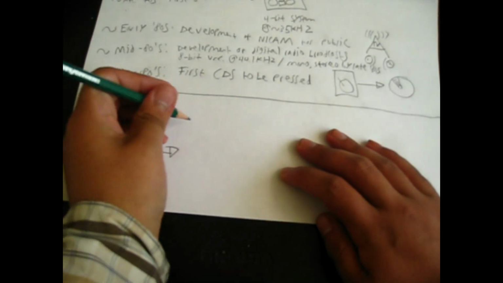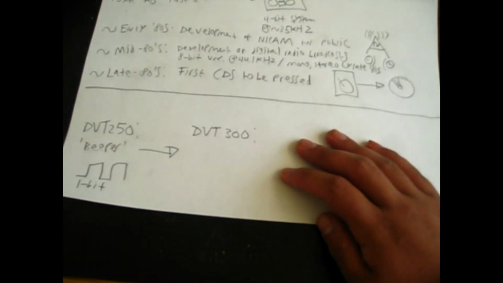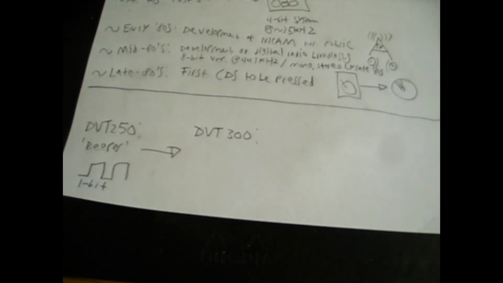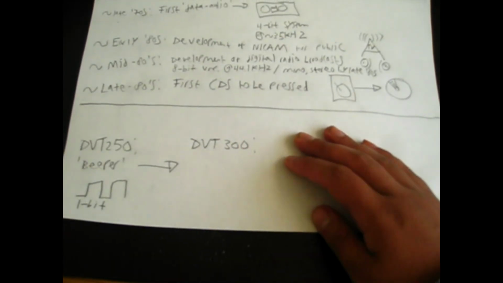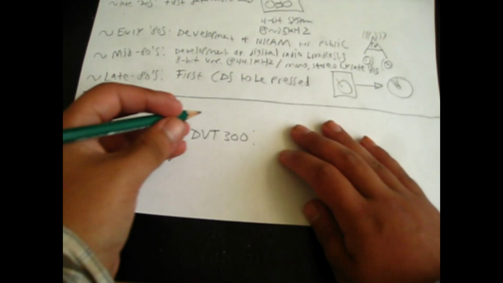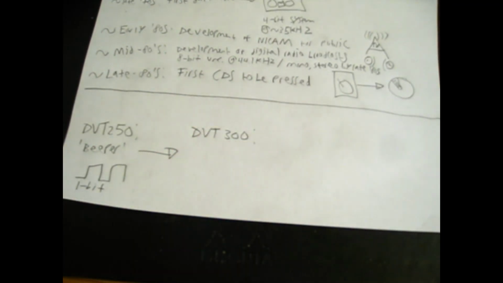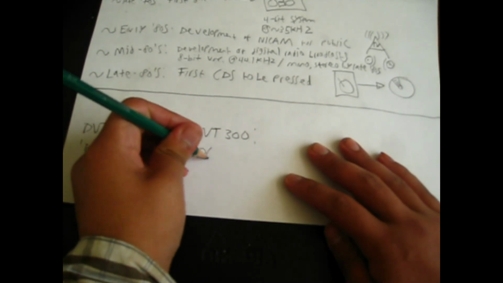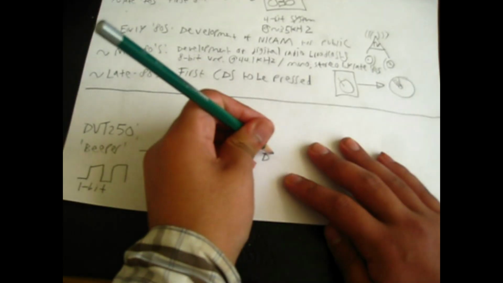Next up, we go over to DVT 300, which would have likely used around 1984 the development of a system for like mono audio, which would have been based around uncompressed differential PCM.